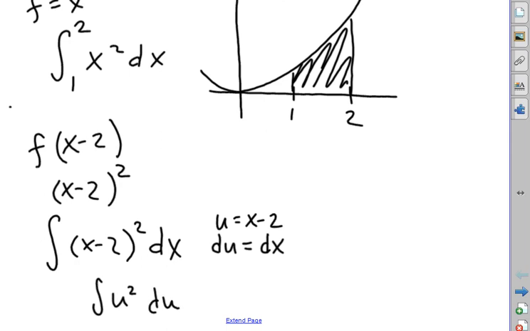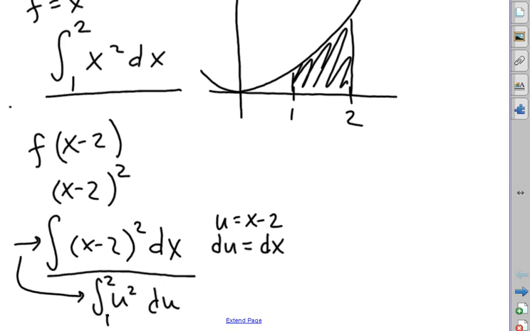If I want this to represent the same amount of area, then I would say this u squared du is the same as x squared dx, from 1 to 2. But this statement needs to be equivalent to that statement.